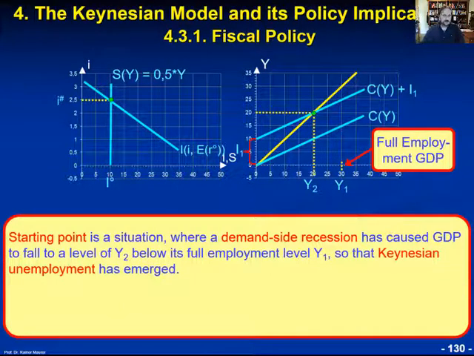We assume in the initial situation that government consumption is zero for simplicity. As a result, government consumption does not appear as a component of total demand. So total demand has only two components: consumption by households plus investment by firms.